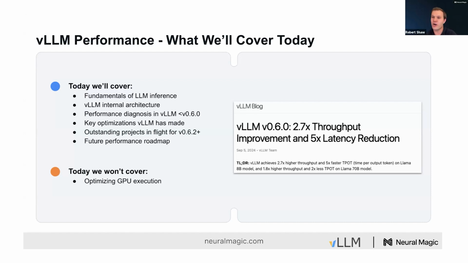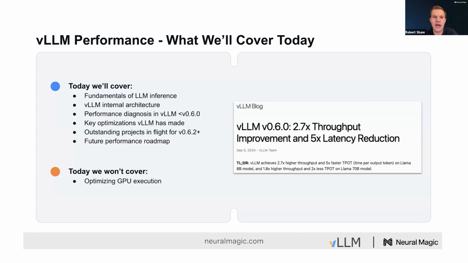And today I just wanted to discuss how we did this. It's really been a great collaboration across the vLLM ecosystem. Lots of companies, UC Berkeley, Neural Magic, Anyscale, IBM, Databricks, working together to address some of the performance overheads that we had in vLLM prior to v0.6.0.